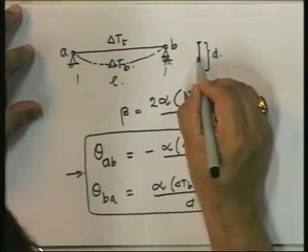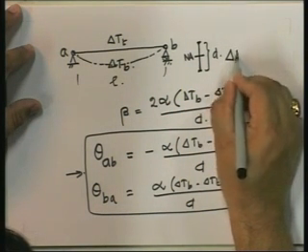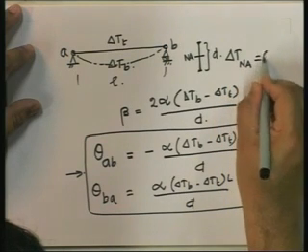This is assuming that the neutral axis delta T at neutral axis is equal to 0.